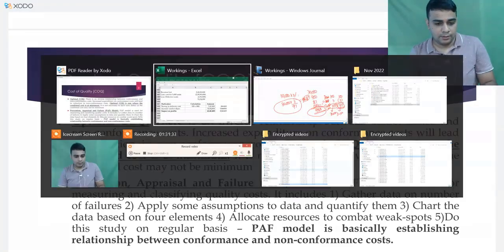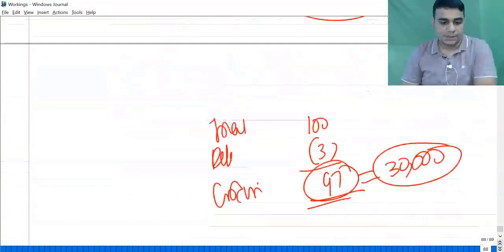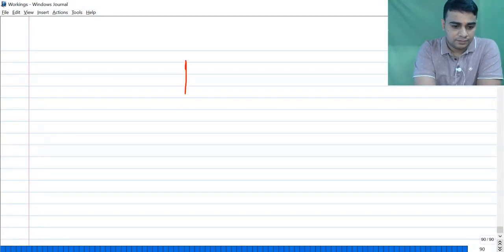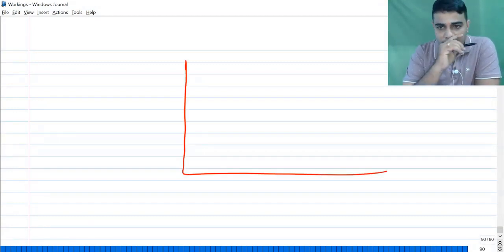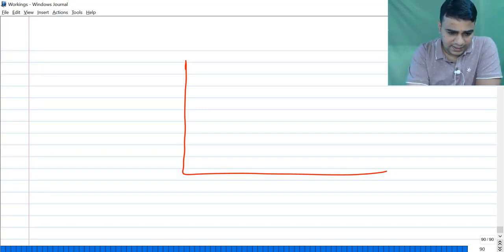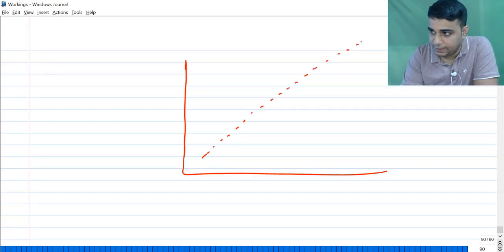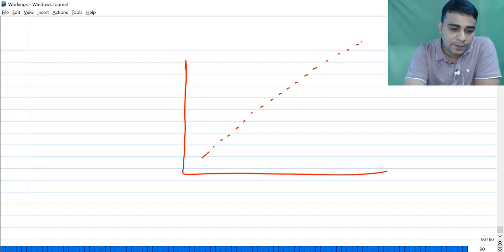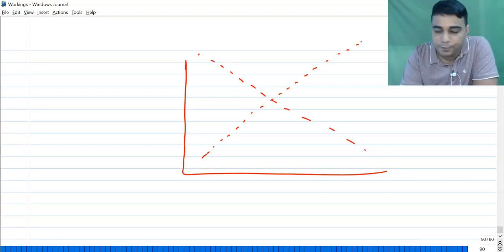Now, what happens is, let's assume an organization is gradually increasing its expenditure on prevention and appraisal, its conformance cost. What will happen is your non-conformance cost will gradually keep coming down. I have put a straight line, but logically a straight line will not work.